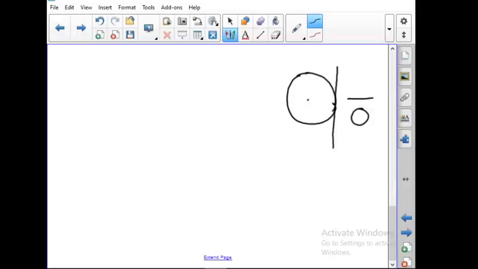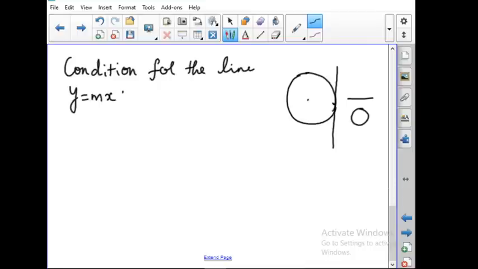So this is the thing we are going to see now, that is, the condition for the line y is equal to mx plus c to be a tangent to the circle.